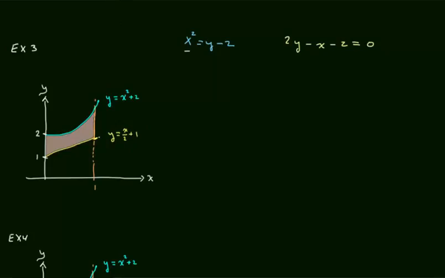We have here a parabola and a line. I don't necessarily like the way those are written, so we're going to change them into a y equals f of x form. So we'll say y equals x squared plus 2, and over here in yellow we'll have y equals x over 2 plus 1, so that we have their functional values.